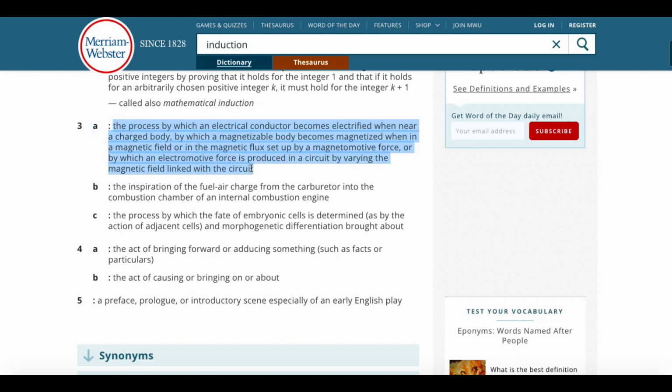They're telling you how an electrical conductor becomes electrified. Okay. A magnetizable body becomes magnetized. Okay. And there's this whole thing about the hysteresis curve. I don't want to get too technical on you, but there's a lot of properties for different materials, different crystals. The act of causing or bringing on or about.